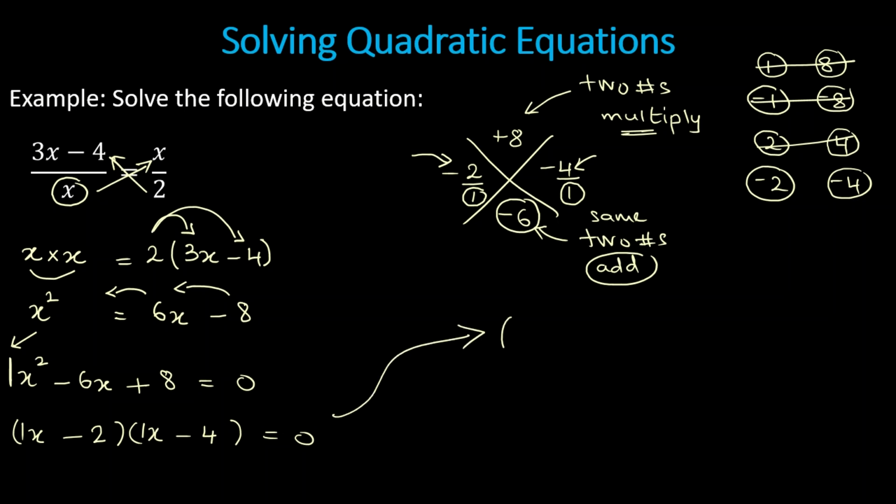We continue here. 1x minus 2 is simply x minus 2, times 1x minus 4 is simply x minus 4. This equals 0.